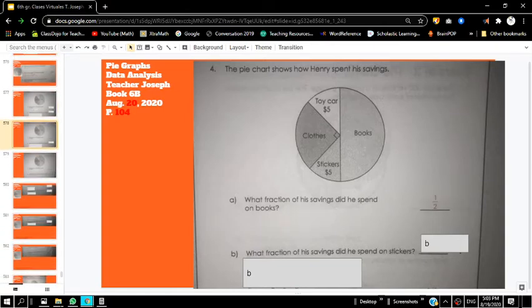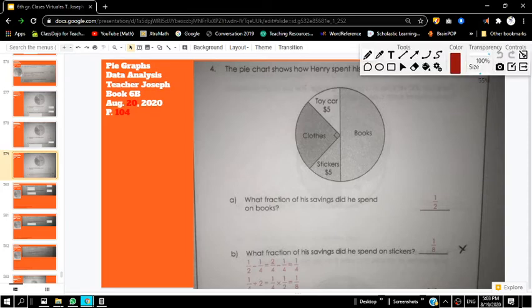Letter B says, what fraction of his savings did he spend on stickers? Well, stickers is $5. So what we can do is try to figure out that 1/2 was books, and clothes was 1/4 of that percentage. Let me show you a little bit clearer with these fractions. We know that 1/2 was books.